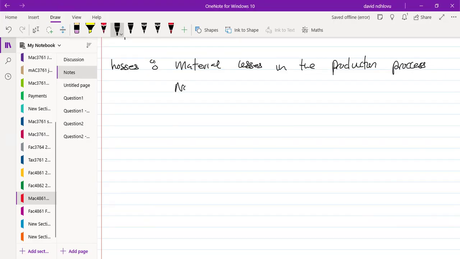We have the normal losses. I'm giving you these notes because sometimes you may need to explain these terms. So when you talk about normal loss, this is expected in the production planning.